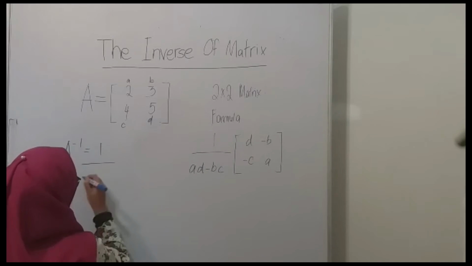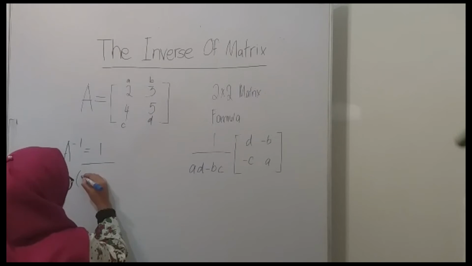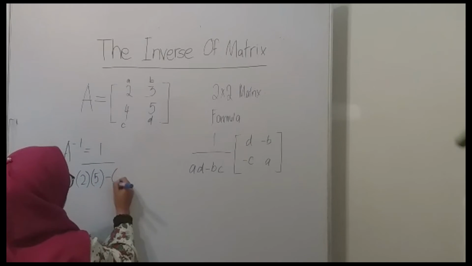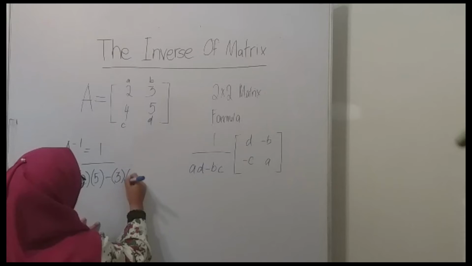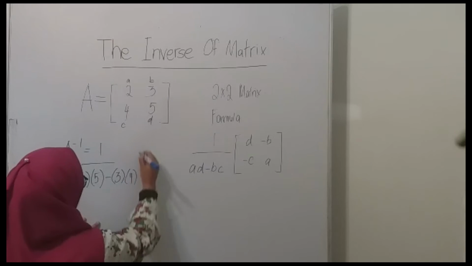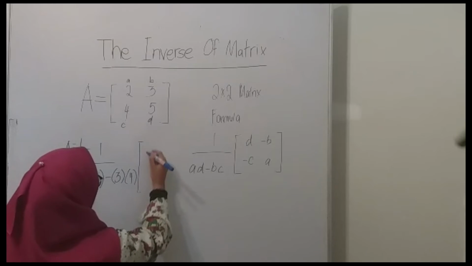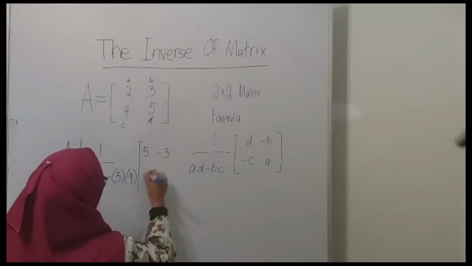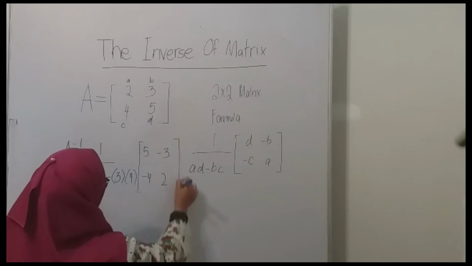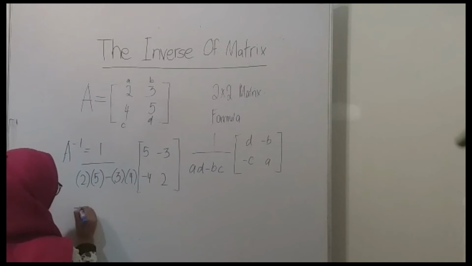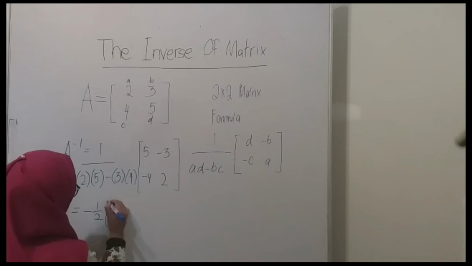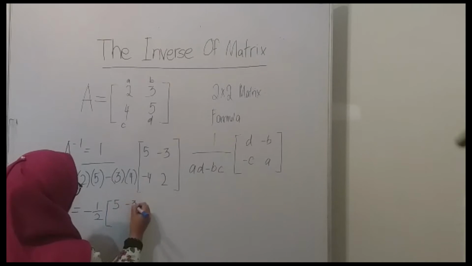So, 1 over 2 times 5 minus 3 times 4. Okay, and then you times with 5, negative 3, negative 4, 2. Right? And then you get negative 1 over 2 times 5, negative 3, negative 4, 2.